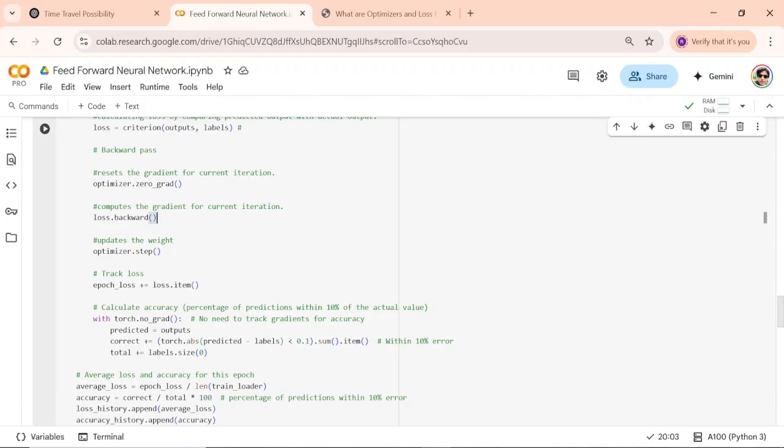It computes the gradient. Based on that computation, it adjusts the weights to have a lower loss in the next iteration. The goal of the model is that with each iteration the loss should go to a minimum and the accuracy should go high, right? After each iteration the loss will keep going lower and the accuracy will keep going higher.